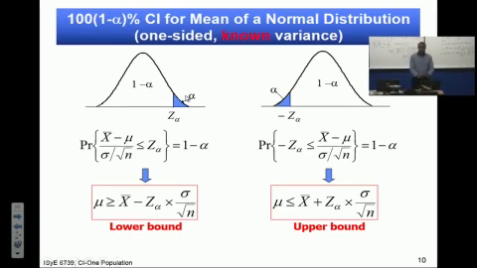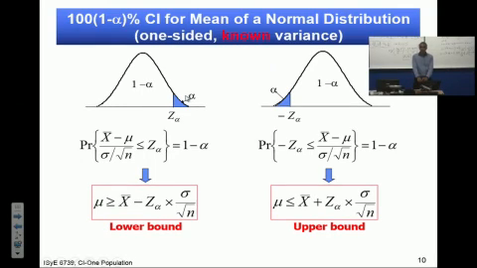Can anybody give me one example in reality, in an application, where we only care about the upper bound? Output of a conditional signal, so the 0. Yes, that's one example.